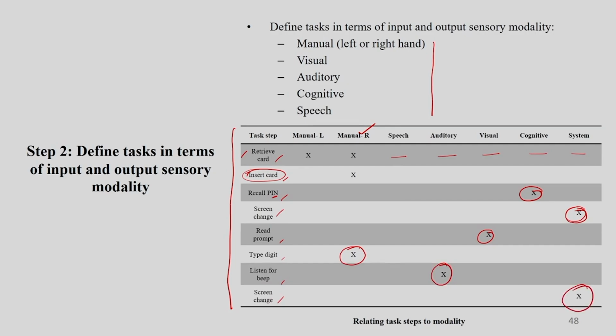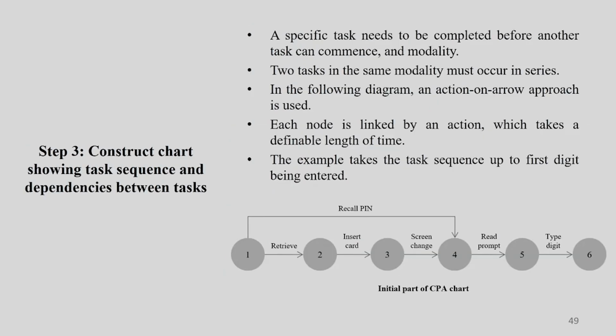So this way we are creating a chart, for each task, each small element, how they are getting responses. So sensory input and output. Clear? So relating the task steps to the modalities. We are trying to identify the modalities through this particular step.